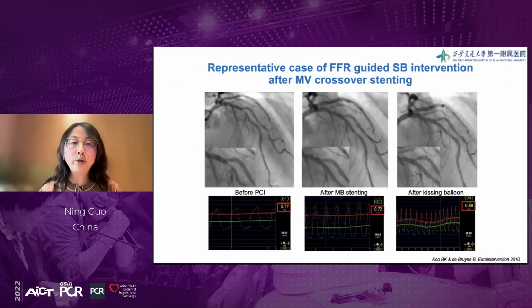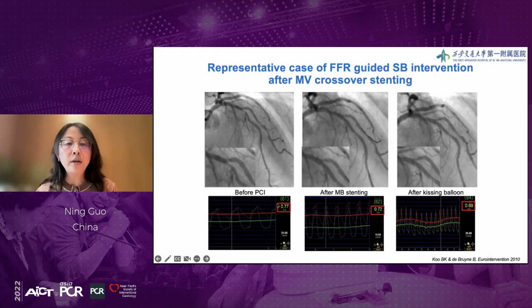And this is a representative case of FFR-guided side branch intervention after main vessel crossover stenting. This is before, for the diagonal 0.77, and then after crossover and jailed diagonal it went down to 0.72, and after kissing balloon it increased to 0.89.